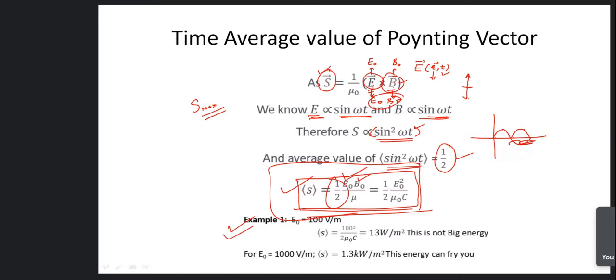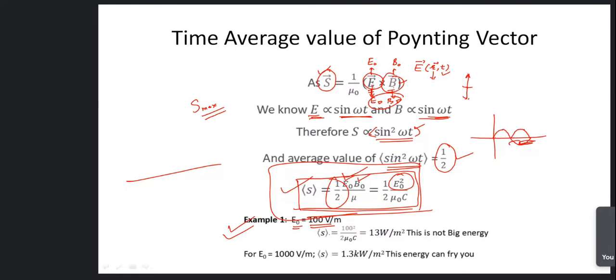Using this we can do numericals. If the amplitude of the electric field is given for a propagating electromagnetic wave, say the E field amplitude is 100 volt per meter, then by simply replacing E naught by 100 volt per meter, and since mu naught and c are constants, it gives you 13 watt per meter square.